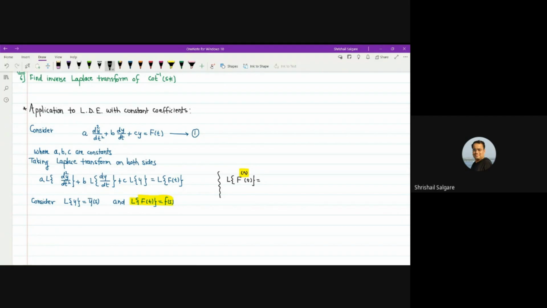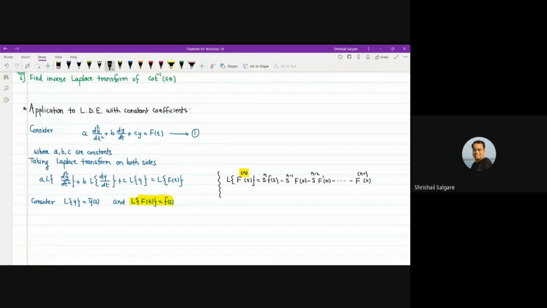It can be written as s raised to n into f of s, minus s raised to n minus 1 into f of 0, value of the function at 0, minus s raised to n minus 2 into value of the derivative at 0, minus, continue up to the n minus 1th derivative of the given function at 0.